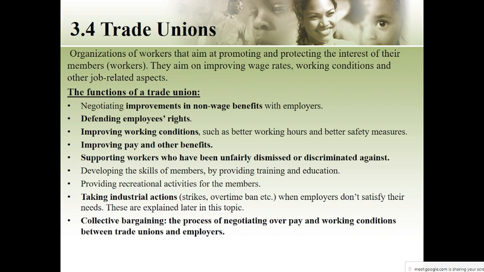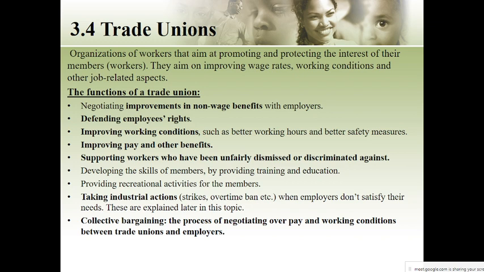The next is defending employees' rights. Of course, we already have discussed it. Improving working conditions, such as better working hours and better safety measures. For example, maybe you have heard that they are protesting against child labor.